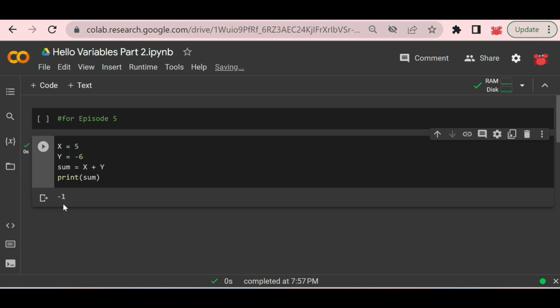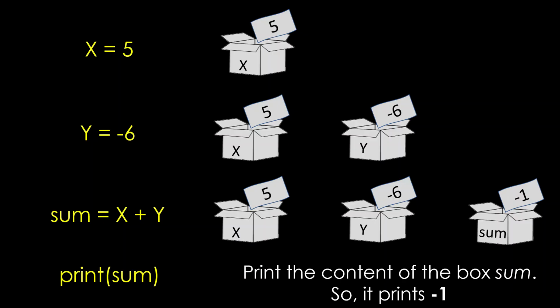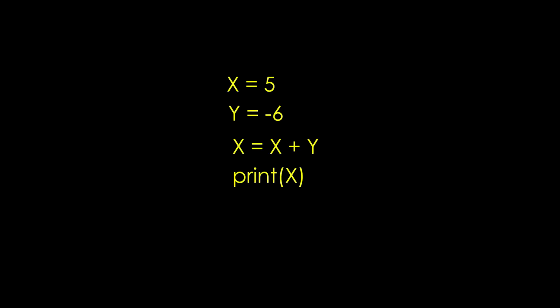Moving on. Sometimes it is easier to reuse the same variable. In the previous example, we can reuse either x or y instead of the third variable sum. Okay, let me take you through this line by line. x = 5, y = -6, x = x + y.